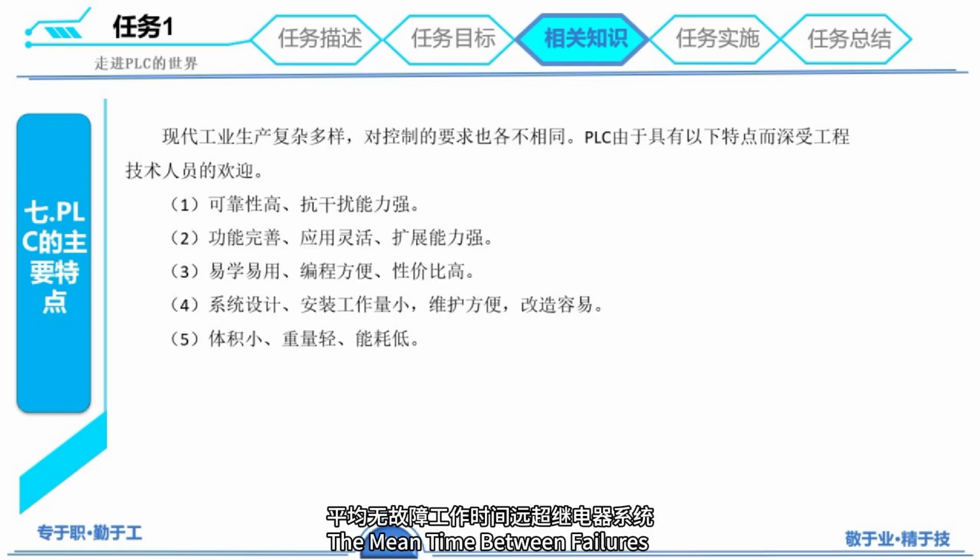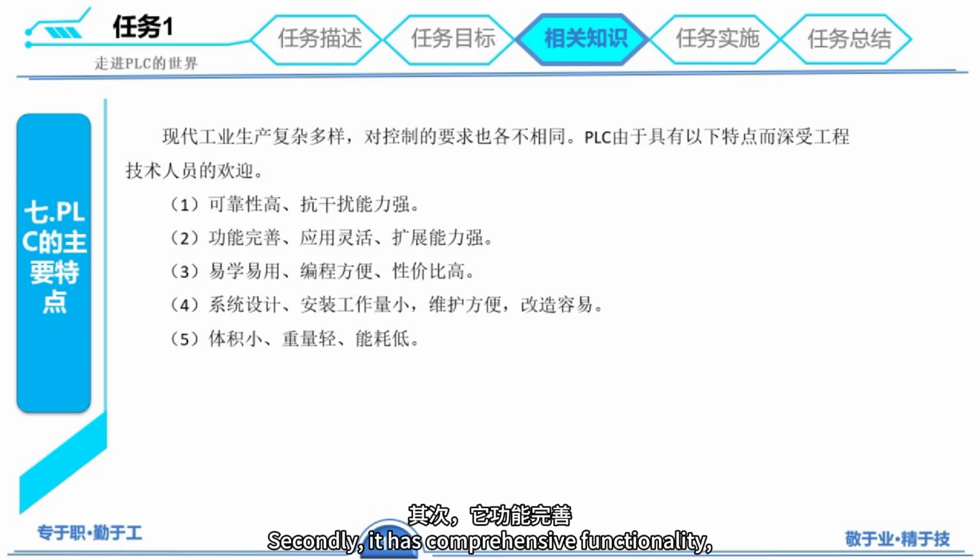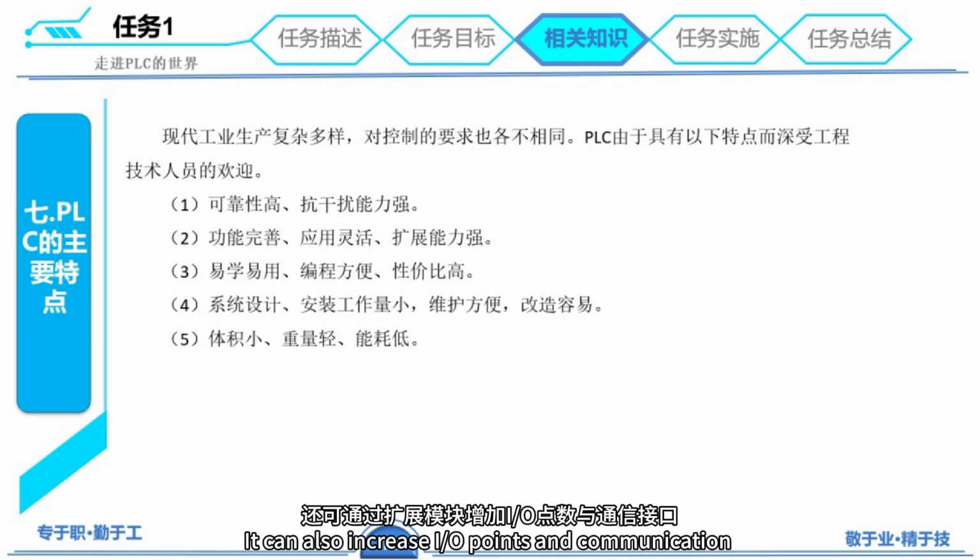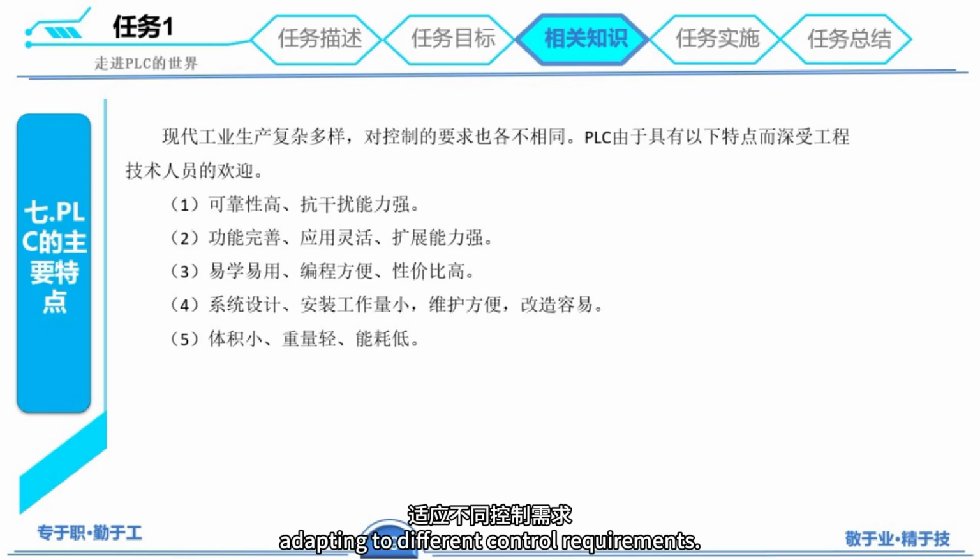The mean time between failures is far longer than that of relay systems. Secondly, it has comprehensive functionality, is flexible in application, has strong expansion capabilities, and can perform a variety of functions. It can also increase I/O points and communication interfaces through expansion modules, adapting to different control requirements.